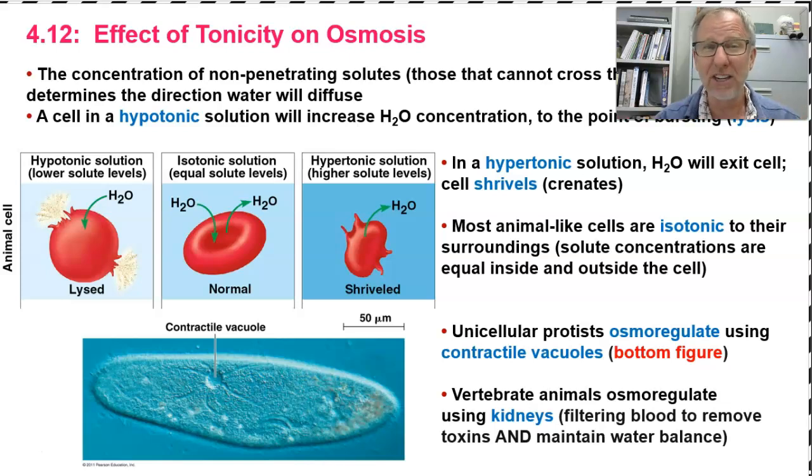Because the concentration of non-penetrating solutes, those solutes that cannot cross a membrane, determines the direction that water is going to diffuse or move by osmosis. Okay, some definitions. A hypotonic solution is one that has a low concentration of solutes compared to a second solution.